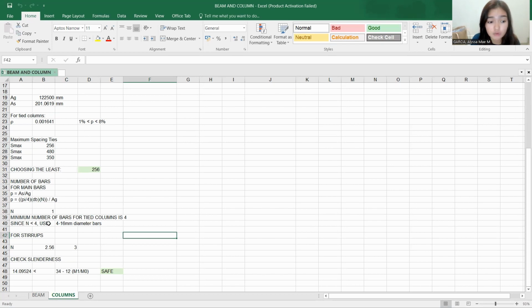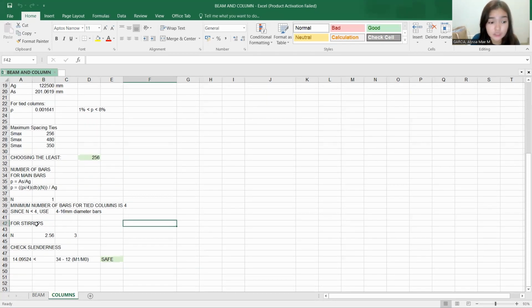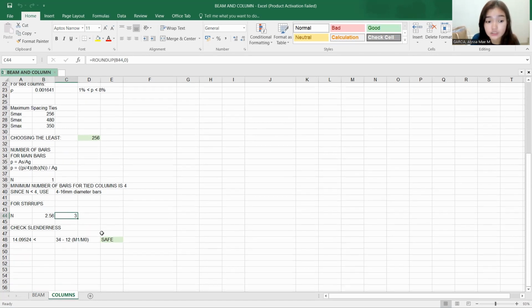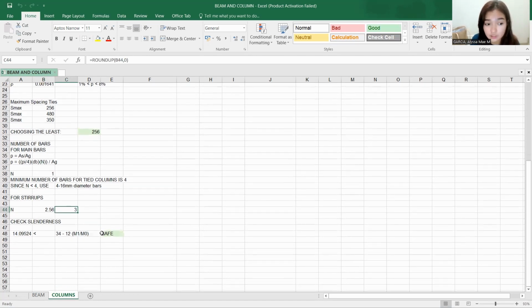So we have to take 4 as the number of bars for the main bars. And for the stirrups, with the same formula, we have this one. Then we can have a 2.56 number of bars. Rounding this up to a whole number, we have 3 bars for the stirrups.